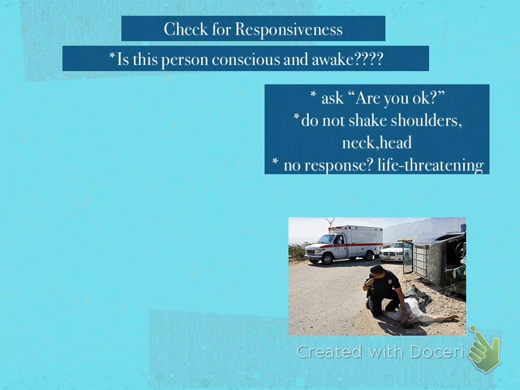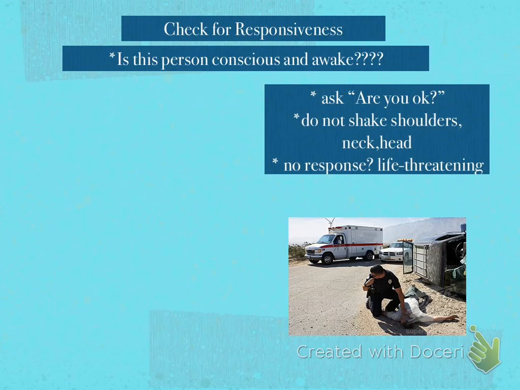With a child, you want to start that immediately. If there are 2 of you and one of you can call, the other one can start. But if you're by yourself, you always give 2 rounds of CPR first, and then you call. You don't want that child to lack oxygen to the brain at all, if possible. That's the only exception to calling first.